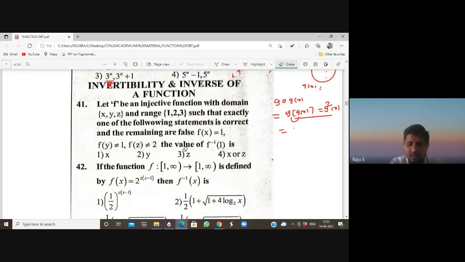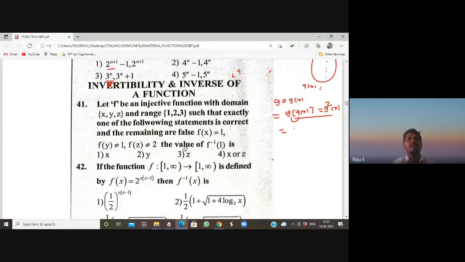Now coming to the next concept, invertibility and inverse of a function. Invertibility means the function has an inverse, that is, the function's inverse exists. That is, we need to find the inverse of a function. So invertibility means we have to check whether the given function is one-one and onto or not.